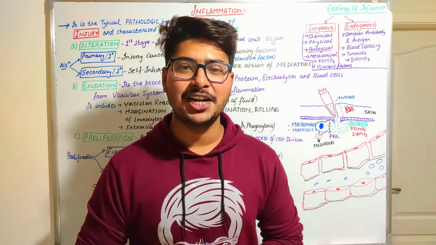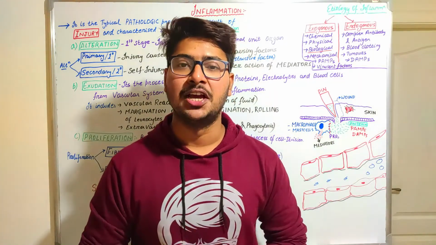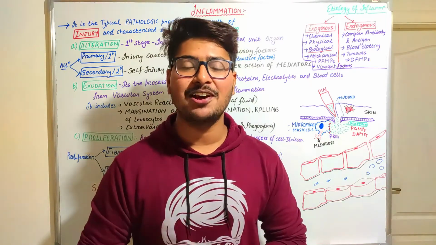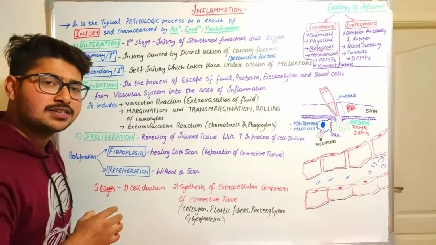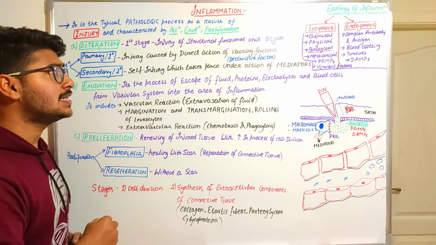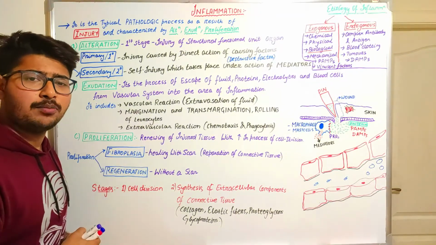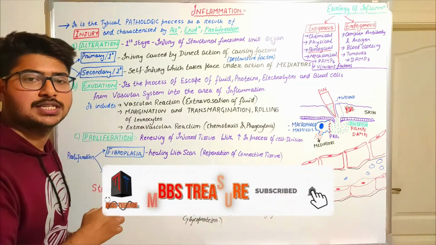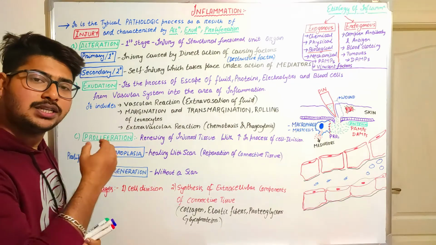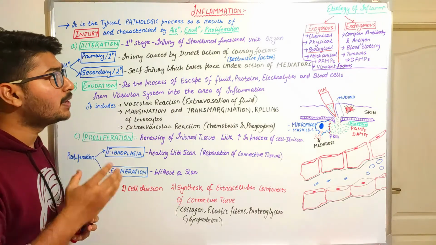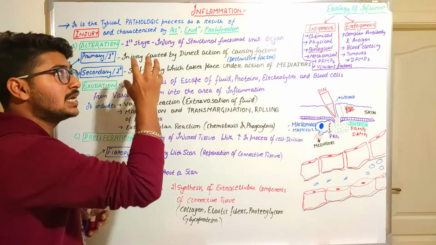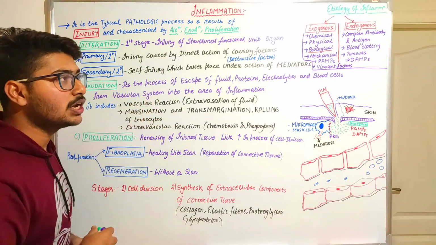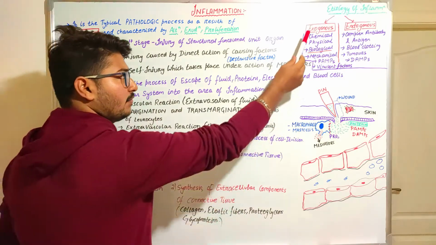Till now we have completed the general pathophysiology, but now we are going to start a new topic, that is inflammation. So let's begin today's topic. So friends, now we are going to talk about inflammation. In this video I am going to tell you what inflammation is, when this pathological process occurs, what are the three major processes through which inflammation occurs, and what is the etiology or the causing factor of inflammation.